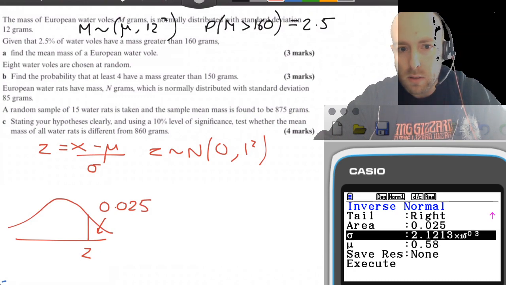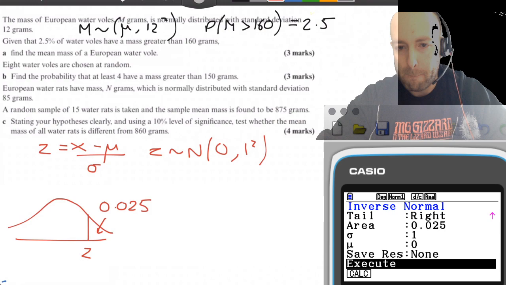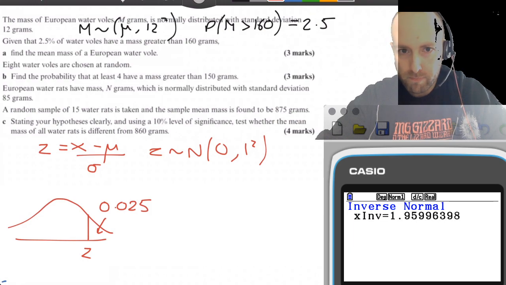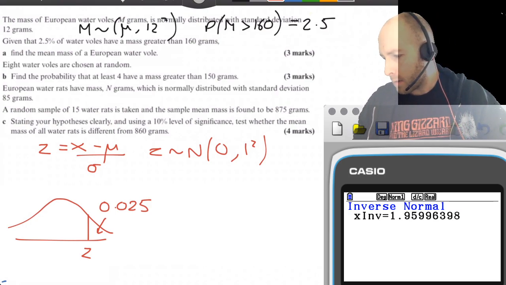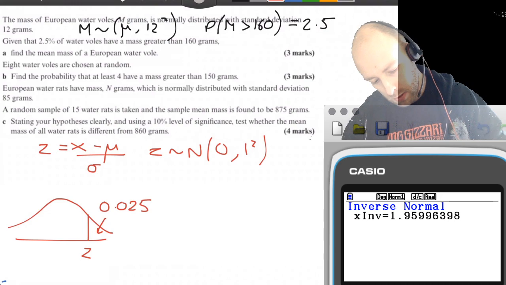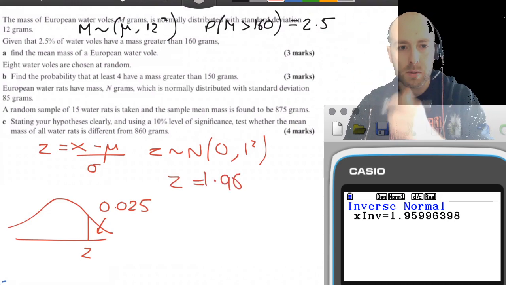Sigma is going to be 1. Mu is going to be 0. And that gives us a value of 1.96. Z is 1.96.